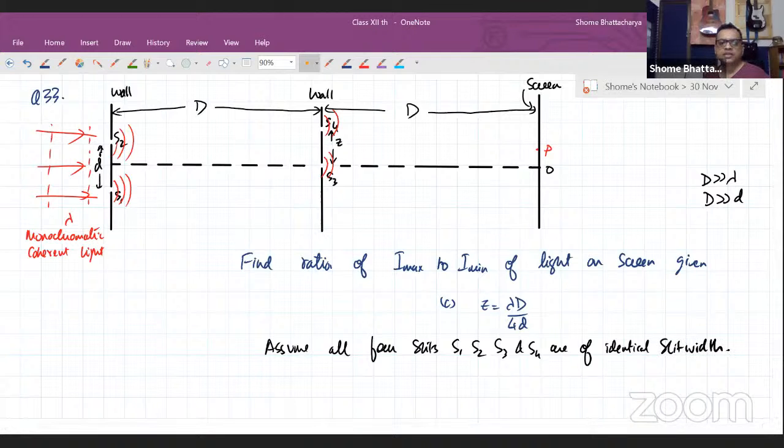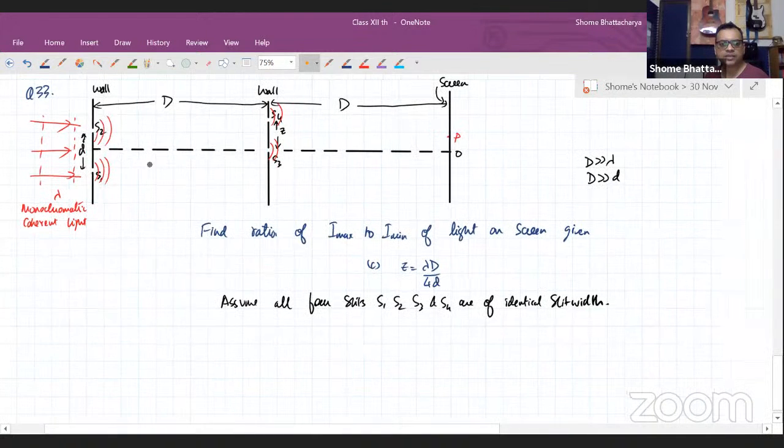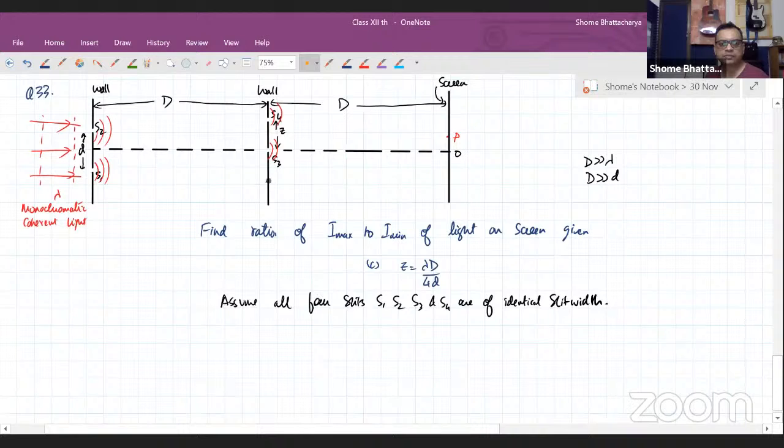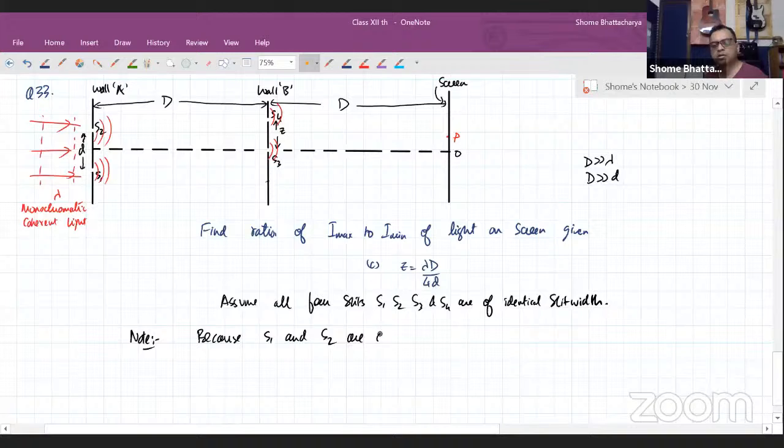As a result of that, the intensity of light that S1 and S2 individually produce at any point on this wall. Let's call this wall A and this one wall B. Because S1 and S2 are of identical slit width.